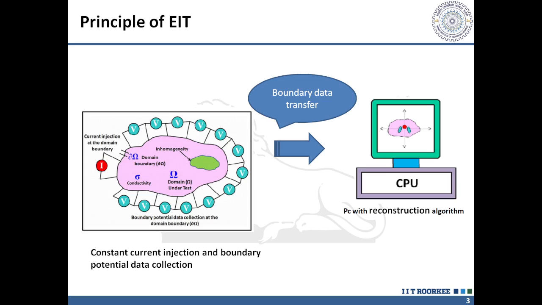So you can see in this diagram, this is my body or subject under test, on which some electrodes are encircled, across this body, and we are applying the current between two electrodes.